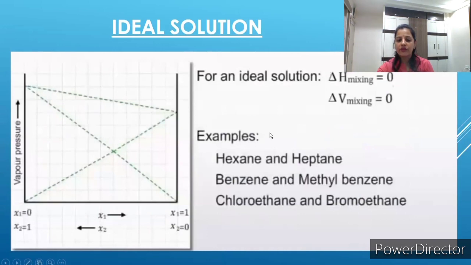These six liquids, when hexane is mixed with heptane, mostly behave as an ideal solution.